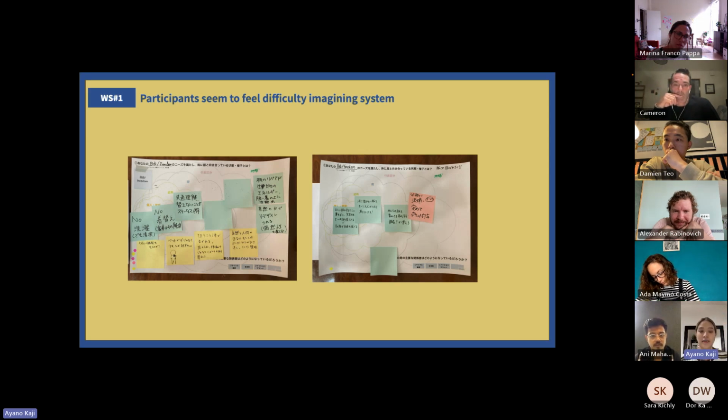So they felt difficulty, and I felt challenged to imagine a preferable future system with workshop participants. However, I could at least understand what scenario is preferable for participants in this workshop.